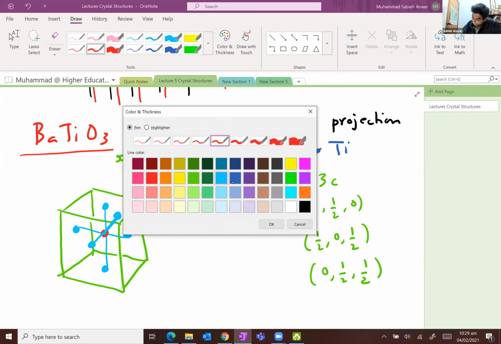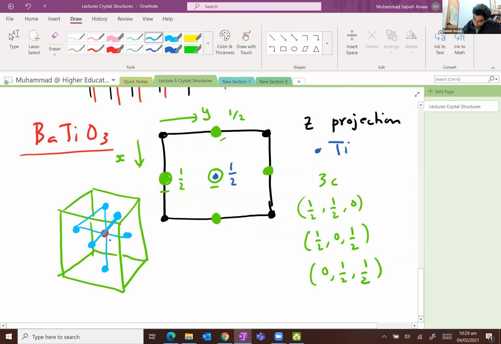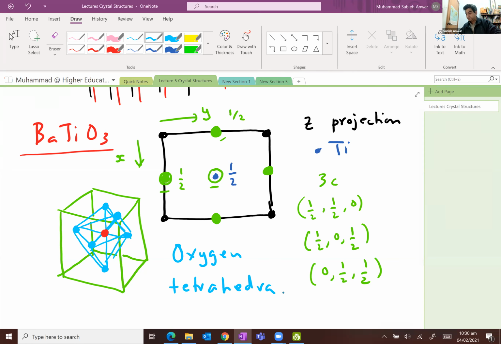And all of this forms an octahedron. But it's not an octahedral unit cell, by the way. It's a cubic unit cell. And when we draw the structure, we can draw it in many different ways. One generally draws octahedra surrounding the titanium ion, oxygen octahedra. But the space group description tells us everything. It tells us what symmetry elements exist, what the Wyckoff positions are, where we are going to place the atoms, and so on.